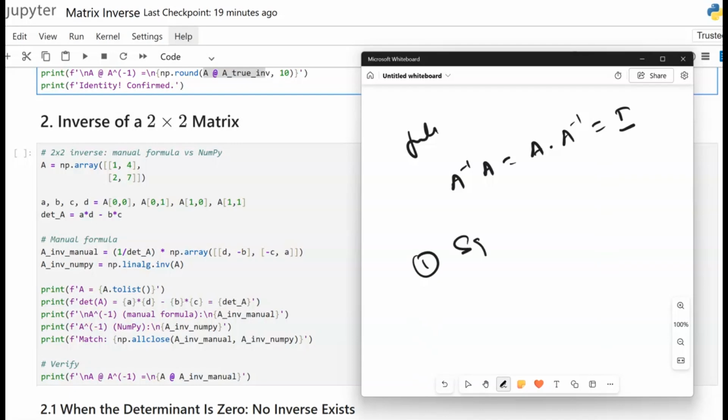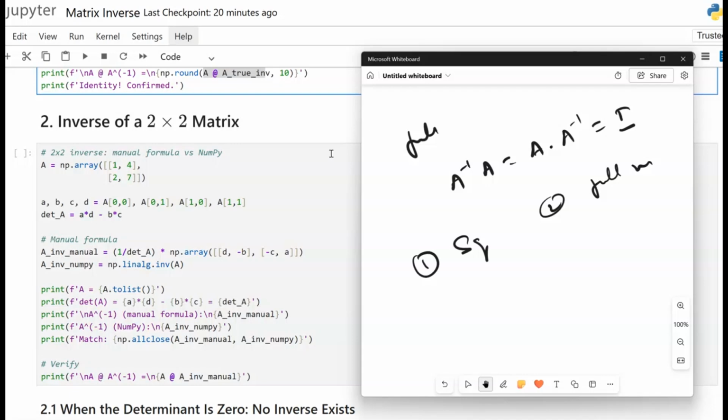One, it is square, and the second one, it is full rank. Every square full rank matrix has an inverse, and every matrix that has a full inverse is square and full rank. By the way, I am using the term full inverse here to distinguish it from the next two possibilities. You would typically refer to the full inverse simply as an inverse matrix.